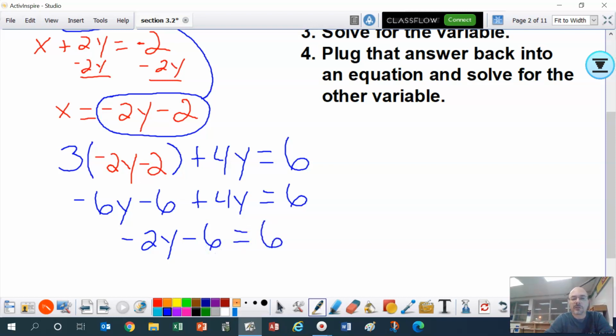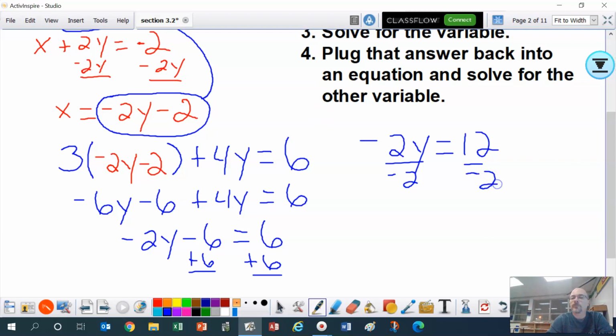The -6y and the 4y become -2y. Now I'm going to add 6. So I've got -2y equals 12. And divide by the -2. And I find out that y is -6.